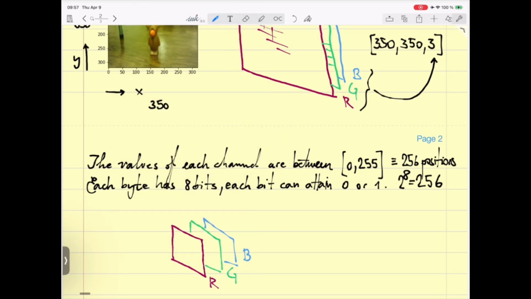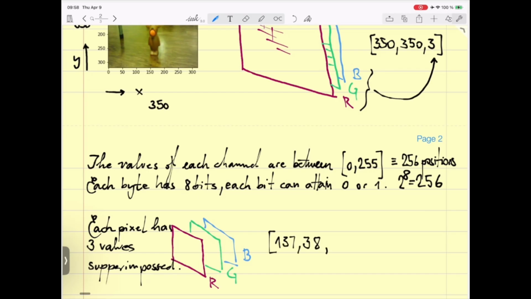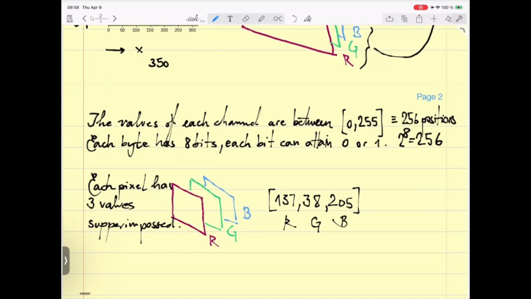Okay, so each has 3 values superimposed. For instance, 137, 38, 205. One for R, one for G, one for B. So are you cool with that? And that gives a color. Okay, whatever.